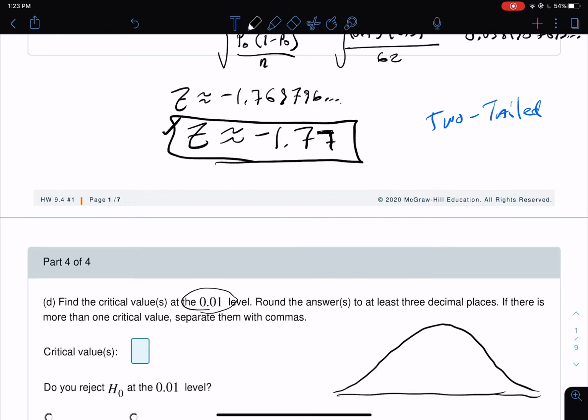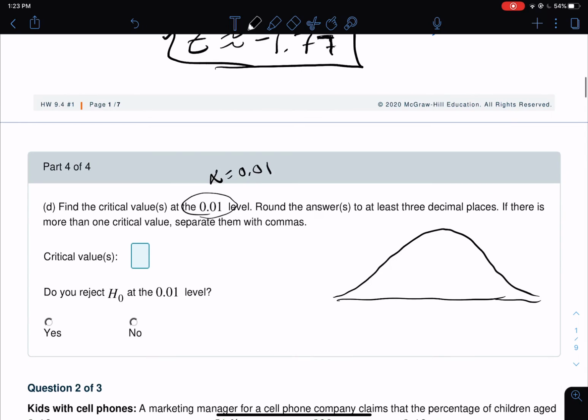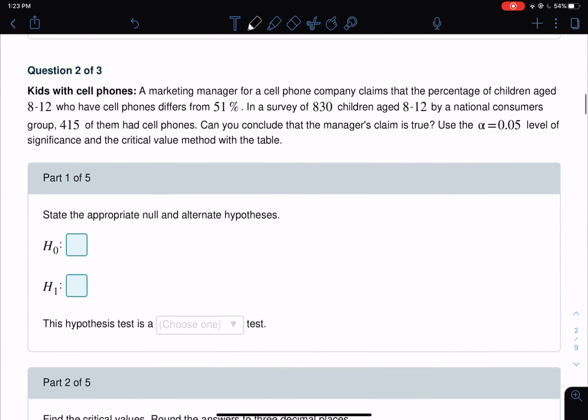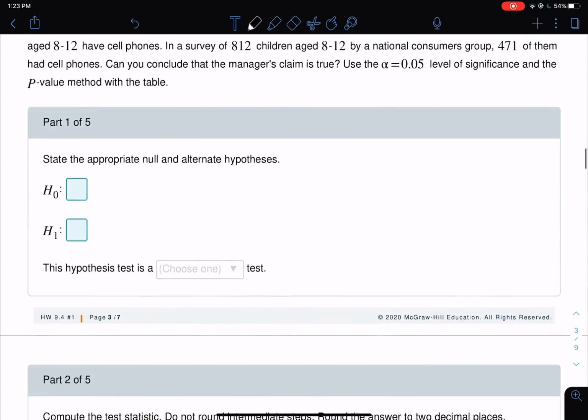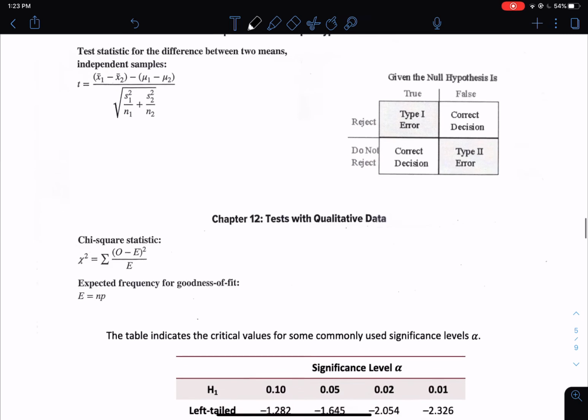Now we're looking for alpha of 0.01, and it's a two-tailed test. So we can figure out those critical values. We could look at our z-table, but better yet, we can look at my note page at the very bottom.